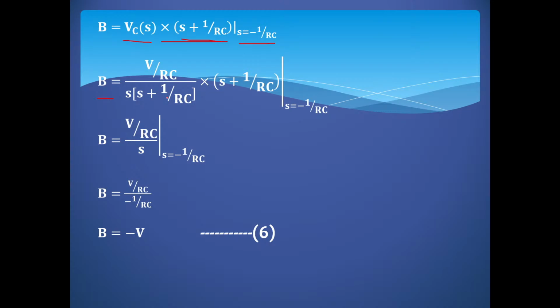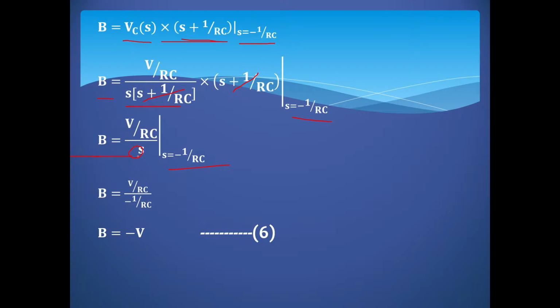So B is equal to V by RC by s into s plus 1 by RC, into s plus 1 by RC, at s equal to minus 1 by RC. So s plus 1 by RC, s plus 1 by RC cancel. What is left over? B is equal to V by RC by s at s equal to minus 1 by RC.